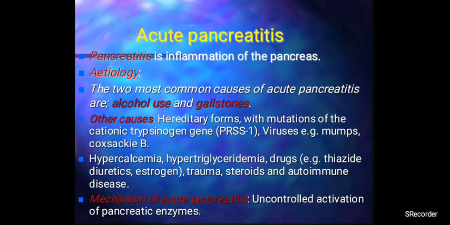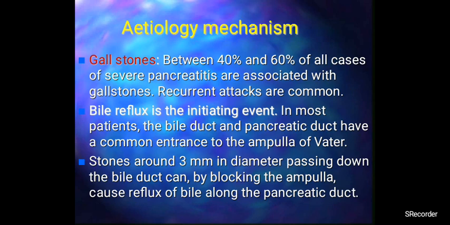So when we look at how gallstones lead to pancreatitis, back to our anatomy, when we see the pancreatic duct and the bile duct, there is a common point where they meet, which we call the ampulla of Vater.